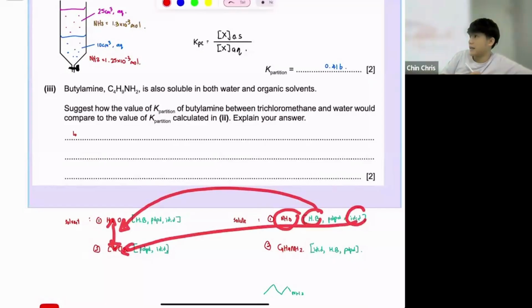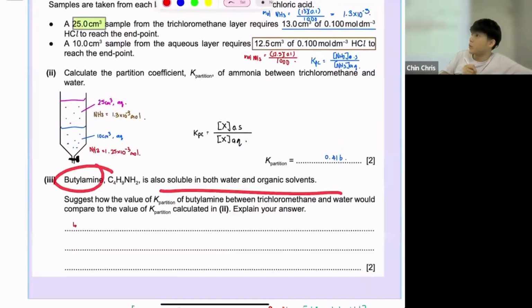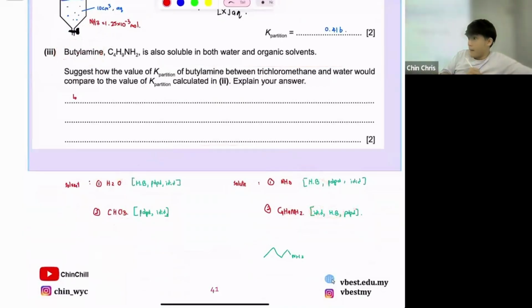Then they also mentioned butylamine is also soluble. Why? ID and hydrogen bonding also. But this one has a longer ID, which is why it will dissolve better in a non-polar solvent. So I can say that the KPC value will be higher.